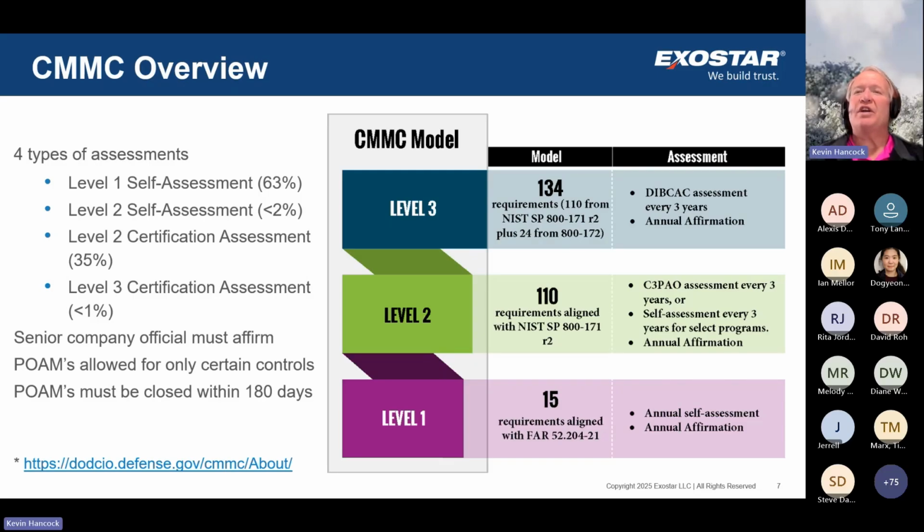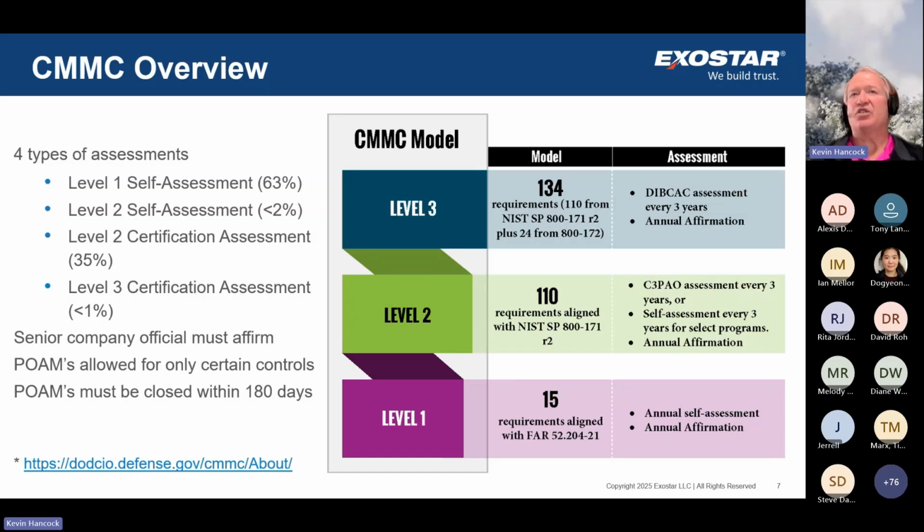Now, if you're an organization that receives controlled unclassified information as part of your contractual commitments to the Department of Defense, or because you're a subcontractor to someone that has those requirements, you're going to be either level 2 or level 3. If you're level 2, you need to align with NIST 800-171 R2.